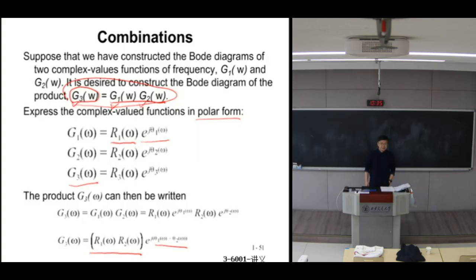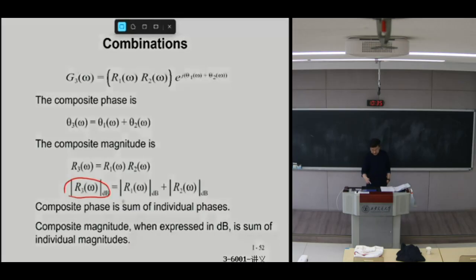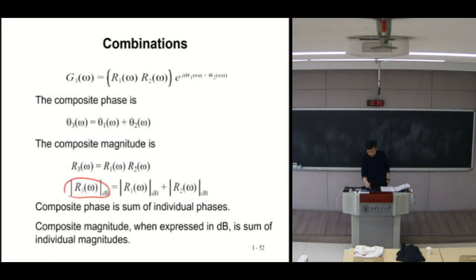Therefore, if we take the logarithm scale, because in a Bode plot we have to take a logarithm scale, the magnitude Bode plot of G3 would be the magnitude Bode plot of G1 added to the magnitude Bode plot of G2.